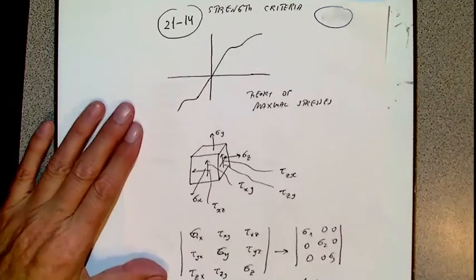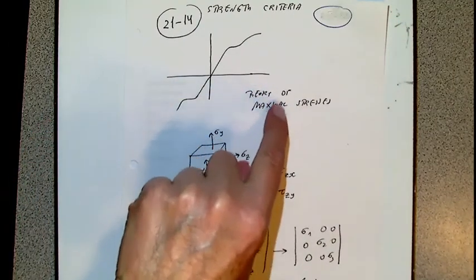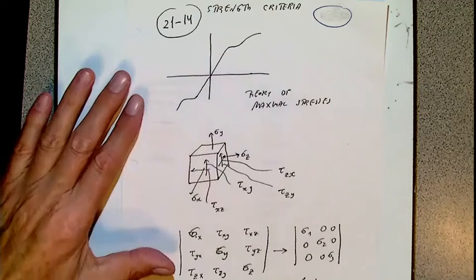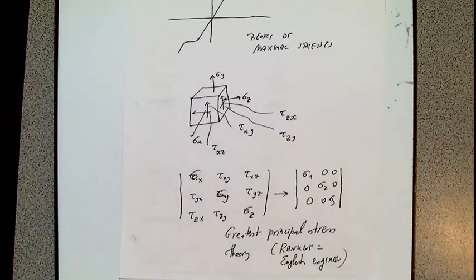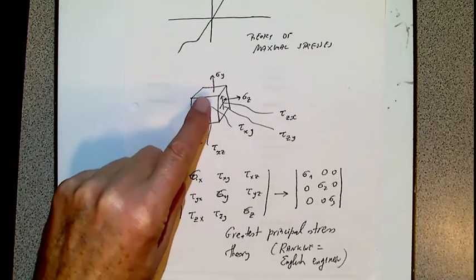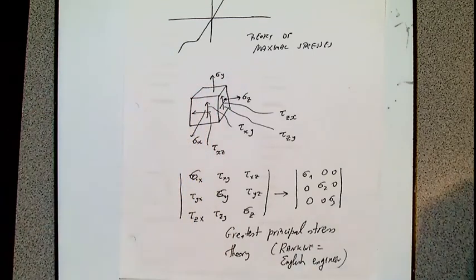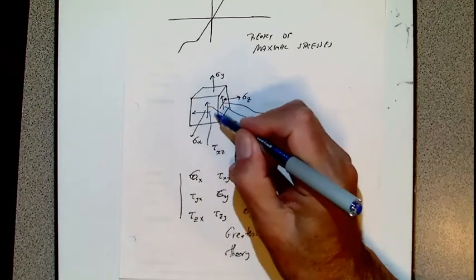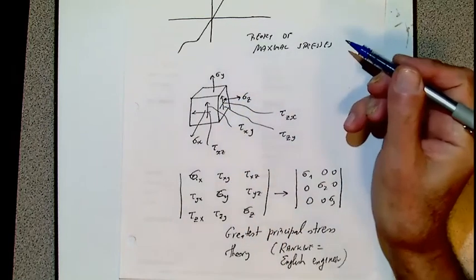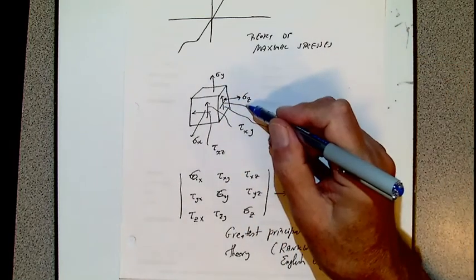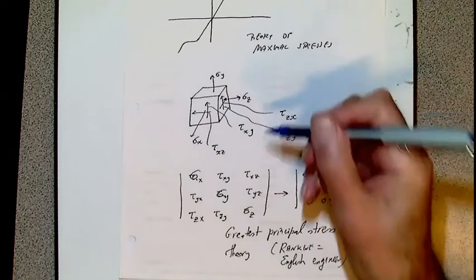Okay, strength. First is naturally the theory of maximal stresses. So pay attention. We have a stress state. What is a stress state? We have an element, and the element is under various stresses. How do we calculate stresses? From forces and moments.